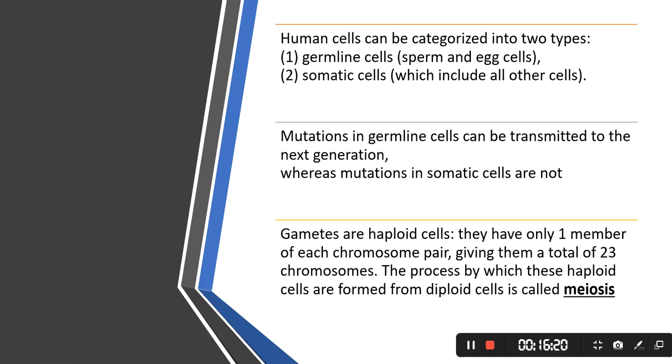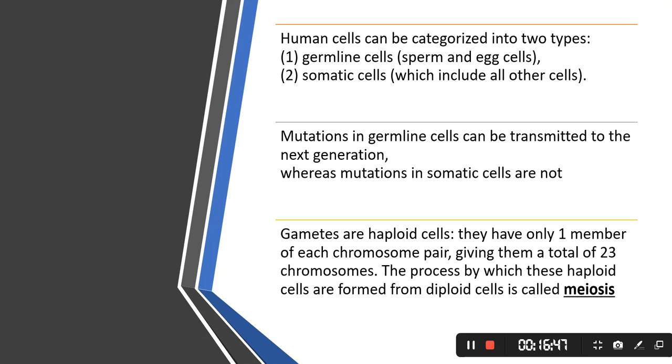But gametes, like these sperm and egg cells, are called haploid because they only contain 22 chromosomes, not 22 pairs, plus either X or Y, only one sex chromosome. So that's why they are called haploid cells.